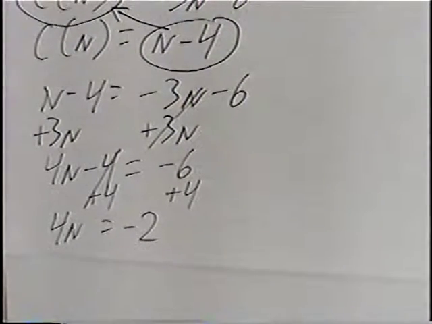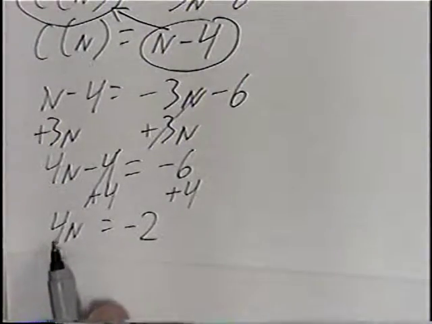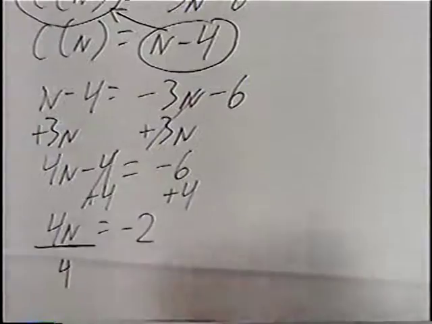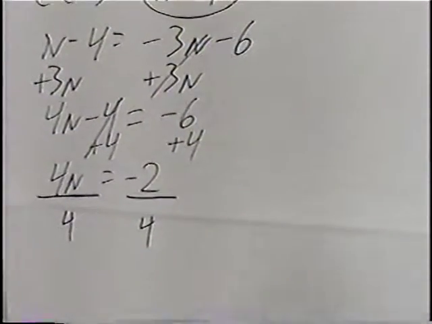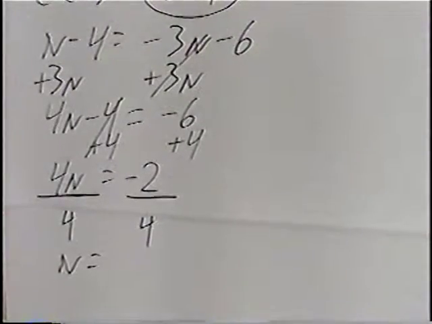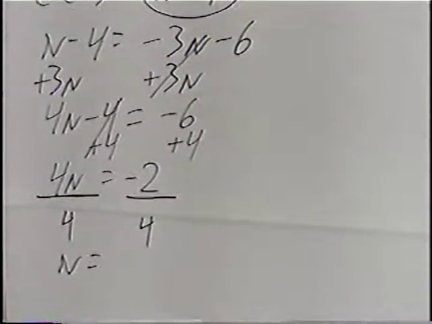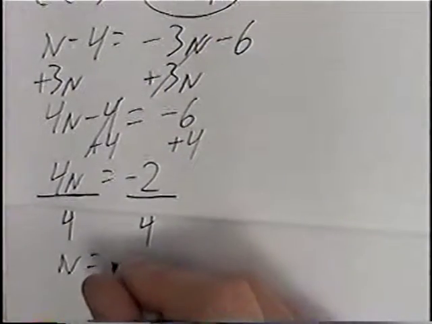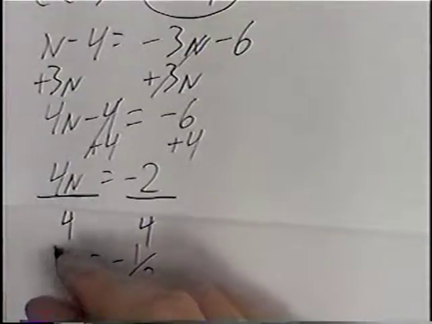And last part, to solve for n, to get rid of the 4 that we're multiplying by, you can divide by 4 on both sides. And n equals negative 2 over 4 would be a fraction. If you reduce the fraction by dividing by 2, n equals negative 1/2.